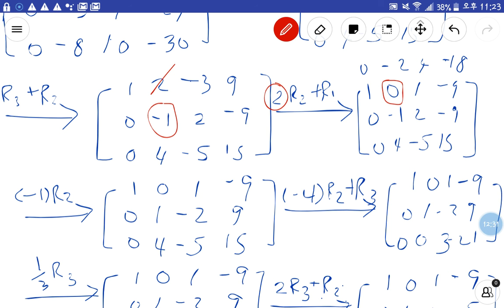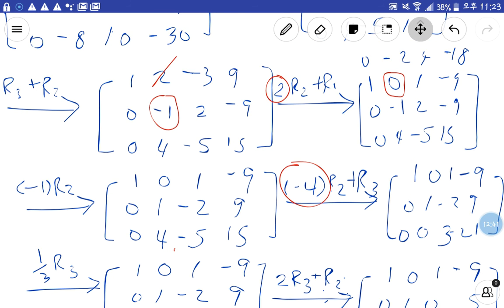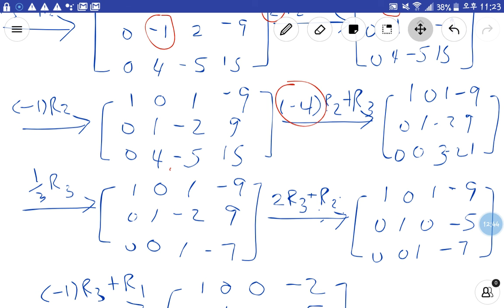And then now I can cancel out 4 by times negative 4 onto my second row, add up to my third row so that I can make a 0 0 3 negative 21. And then I can times 1/3 onto my third row so that I can divide everything. So that's going to be my y, z, right? This is going to be my z.